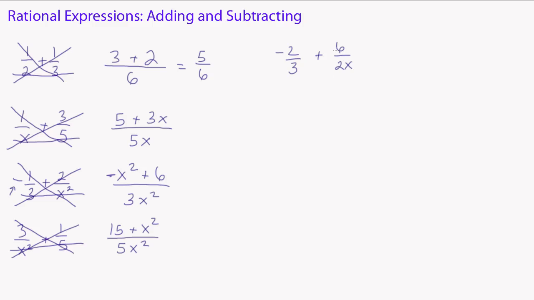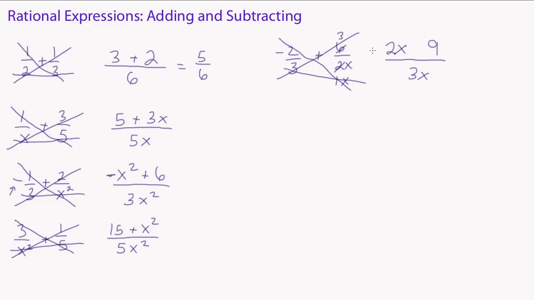So let's reduce. 2 goes into 6 3 times. 2 goes into 2 1 time. And don't forget the x. So let's do it. 2 times 1x is 2x. 3 times 3, 9. All over 3 times x, 3x.